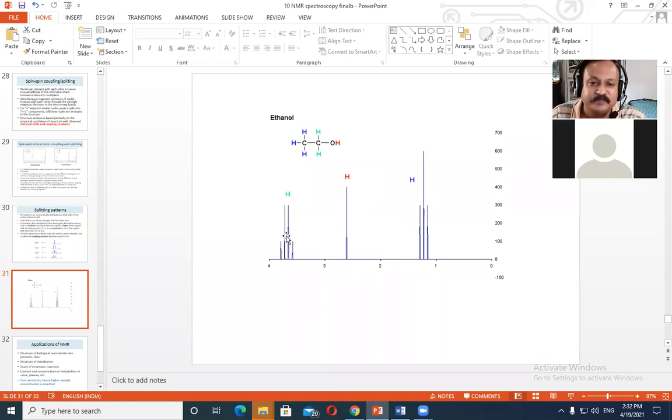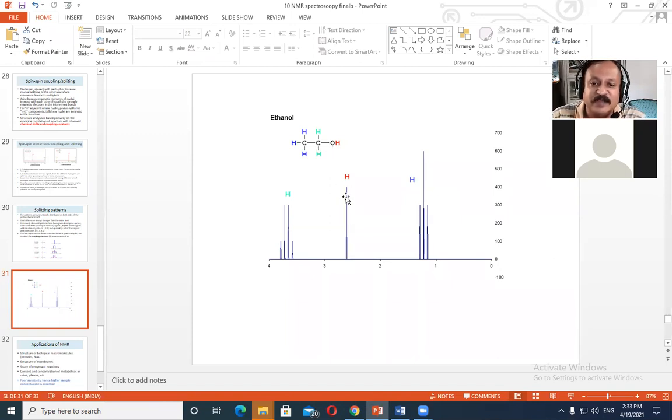And then if you look at the mutual splitting of the bands or the peaks, you will find that the 4 peaks indicate that there are 3 equivalent protons somewhere in that structure. Then the 3 peaks indicate that there are 2 protons of a different type, which are also closely associated.